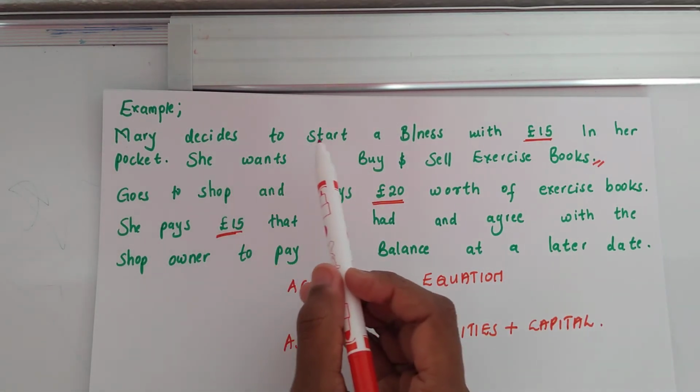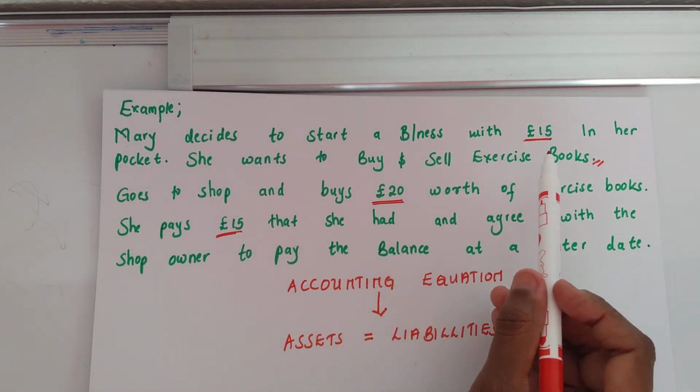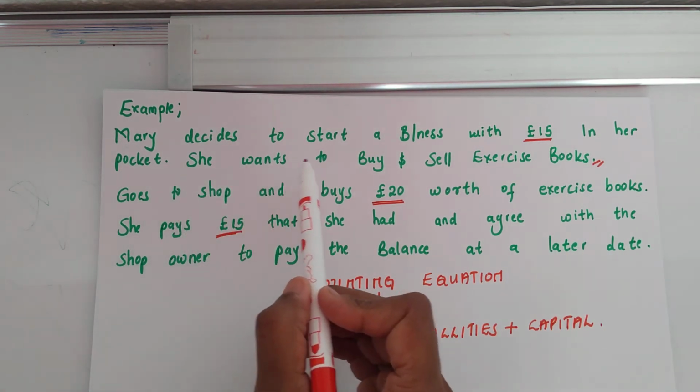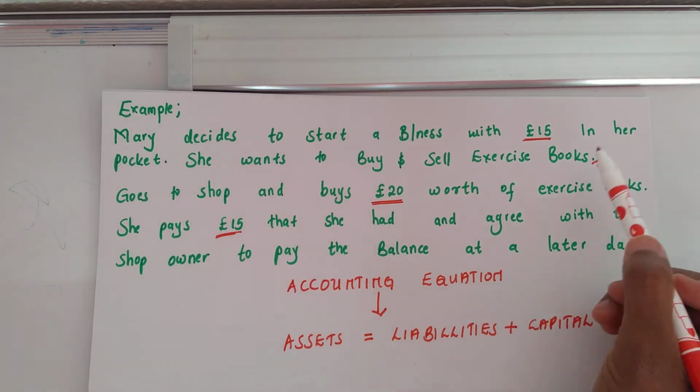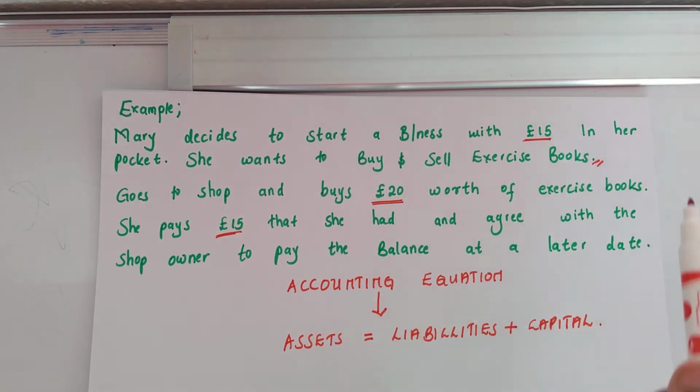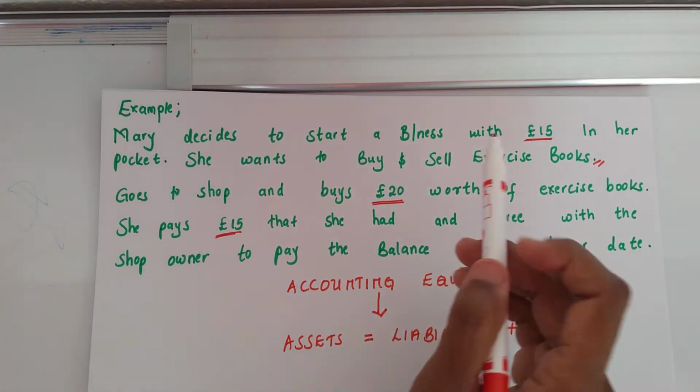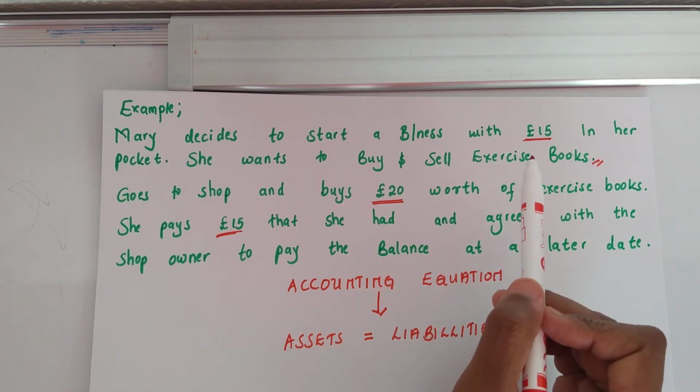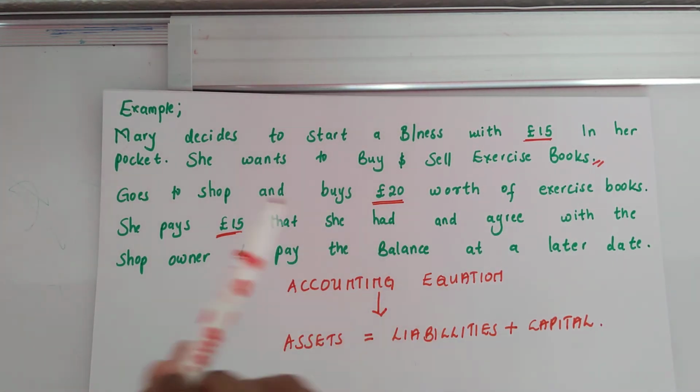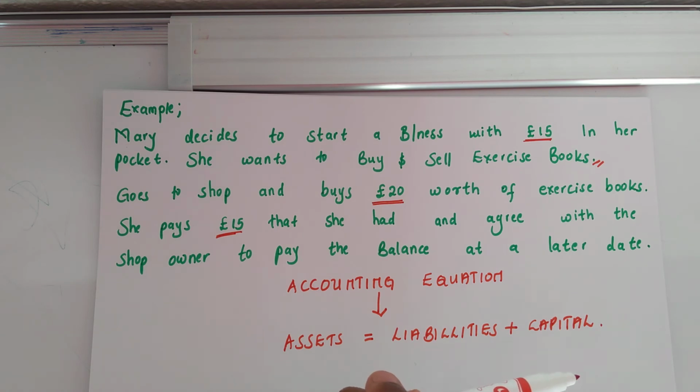Mary decides to start a business with 15 pounds in her pocket. She wants to buy and sell exercise books. Up until this point, Mary has not bought anything. She's only got 15 pounds, which she has decided to inject into her business as the capital.